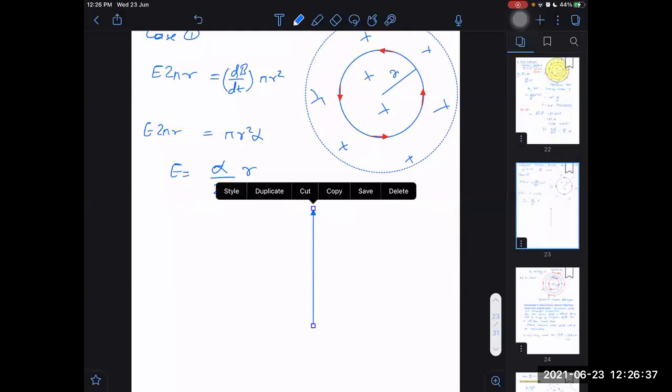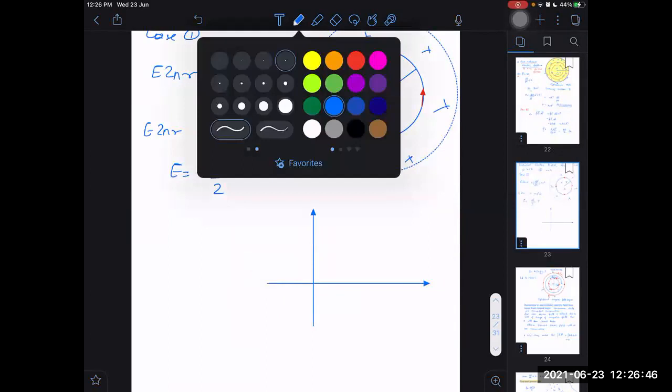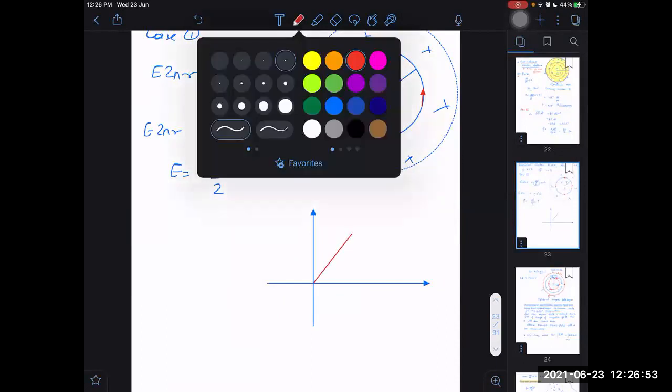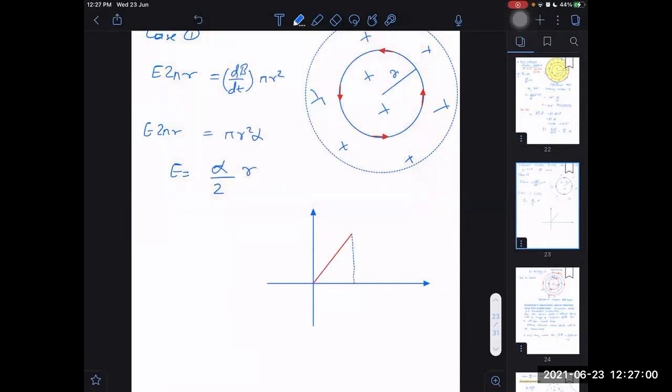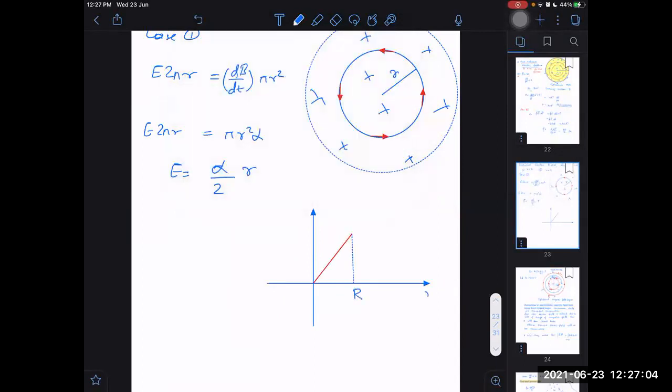How would it vary then? Linearly, up to what? Up to the radius capital R, the cylindrical magnetic field region. So the graph will be something like this, up to capital R, varying with radius small r.